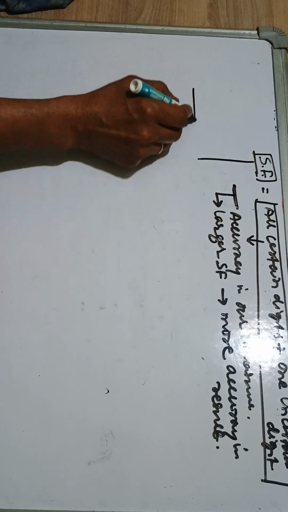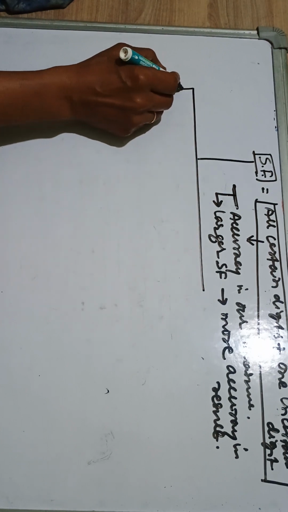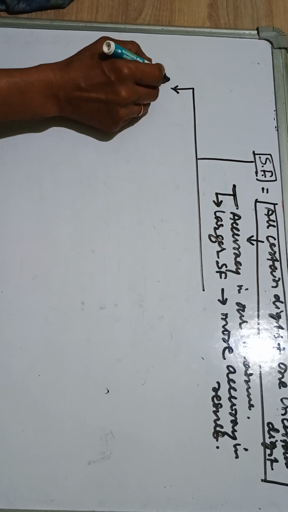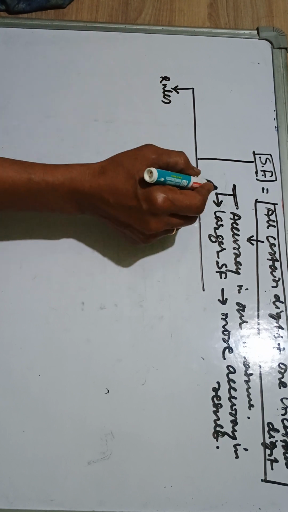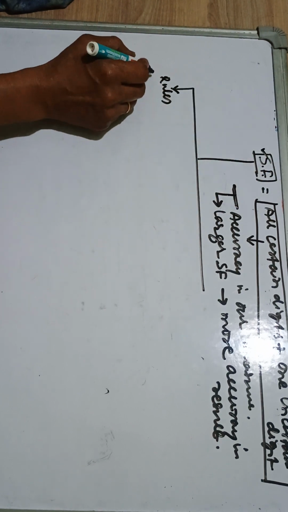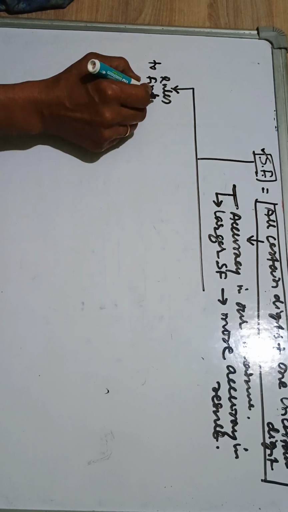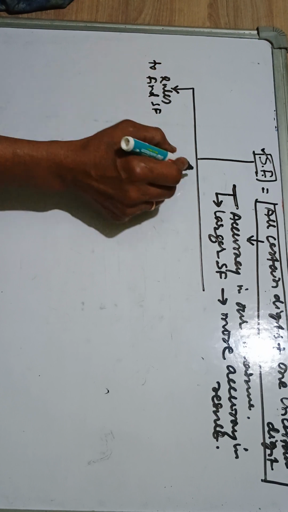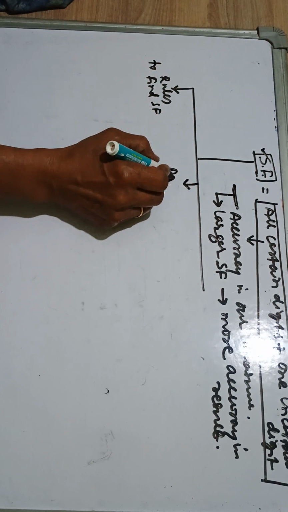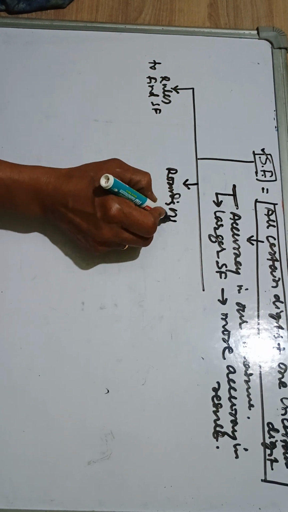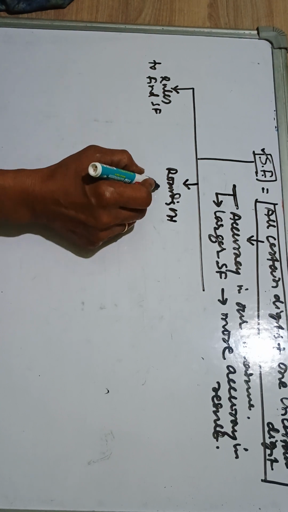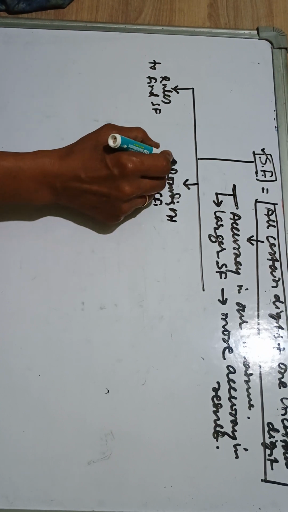Now, in significant figure, we have studied the rules to find significant figure. We have done rounding off of significant figures.